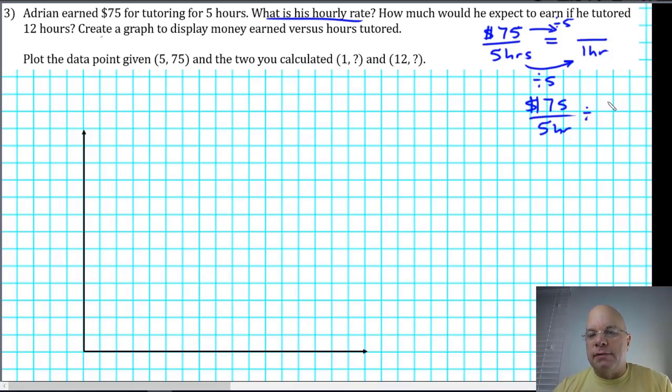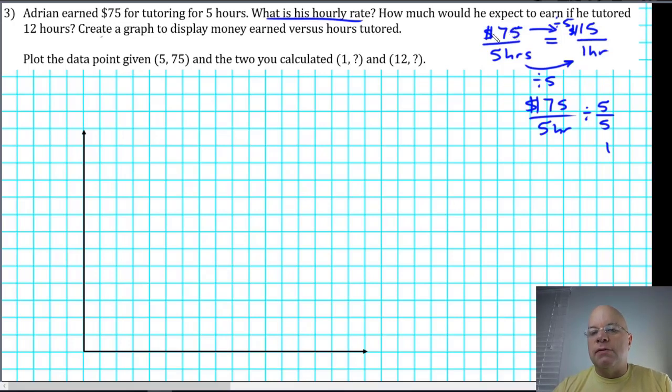If you divide by 5/5, you're really just dividing by 1, because 5/5 is 1. And we know if we divide by 1, we don't change the original value. And so that's why this unit rate will be proportional or equivalent to the initial rate, $75 per 5 hours. 75 divided by 5 is 15. So it's $15 per 1 hour.